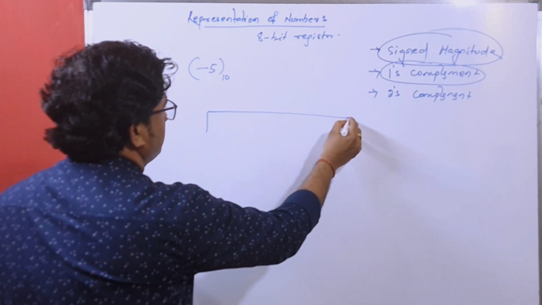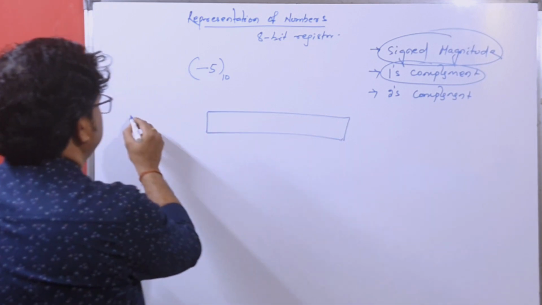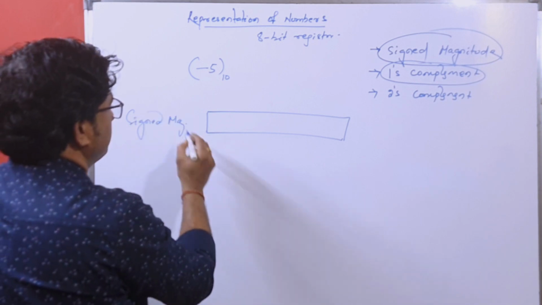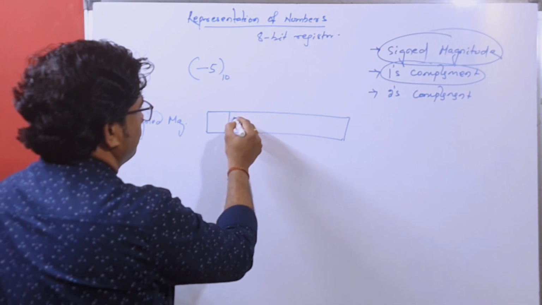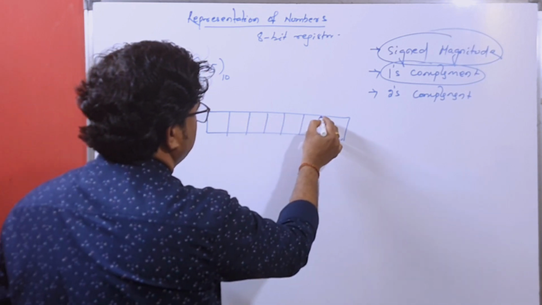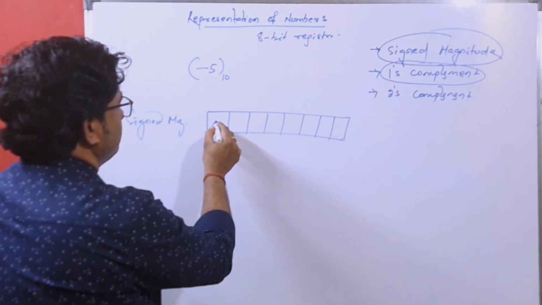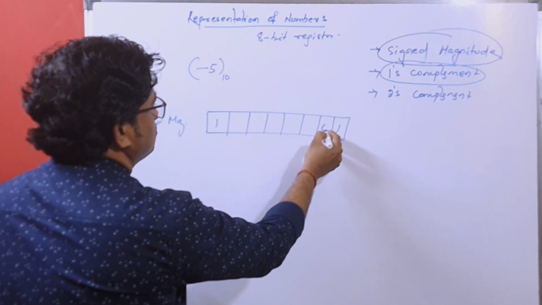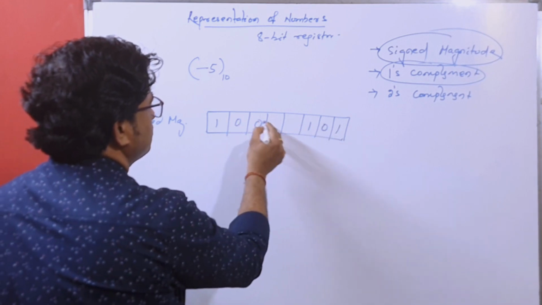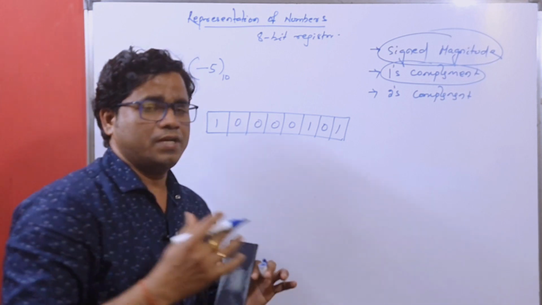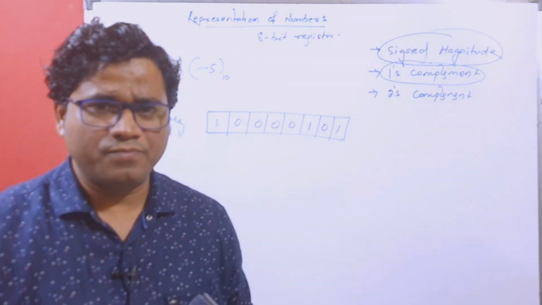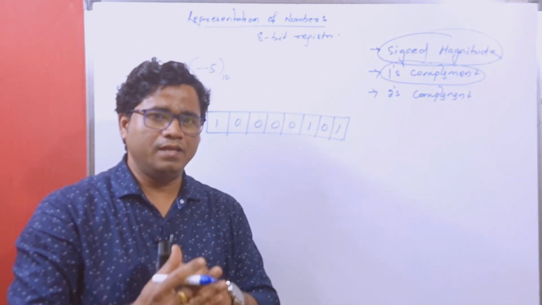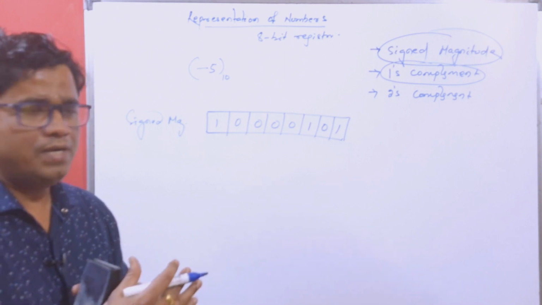First you find the sign magnitude representation of minus 5, that is 1, 2, 3, 4, 5, 6, 7, 8. Already we found in the last example, from the right hand side 1, 0, 1, and the rest of the bits you fill with 0. So the process to find the 1's complement of a number is, first find the sign magnitude representation of the number, and then apply the 1's complement technique.